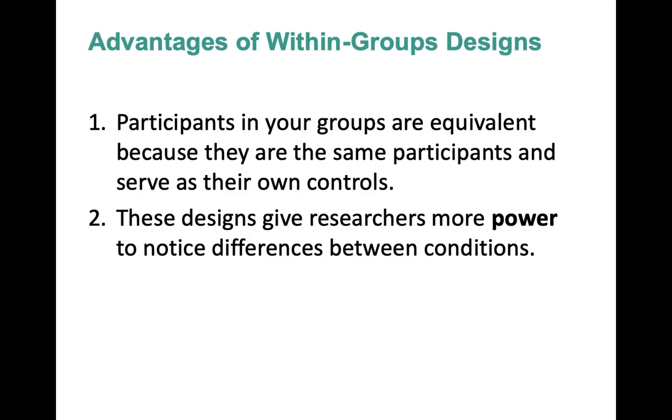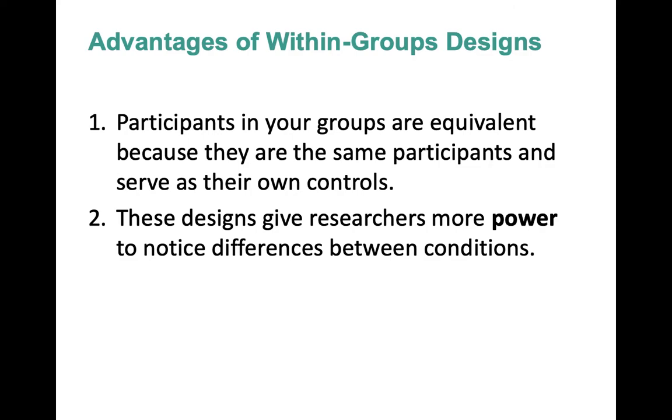So that chocolate study, it's not only their liking of chocolate, it's their appetite, it's how hungry they are, it's what experiences they have had during that day, it's all of those things. And all of that noise is reduced because it's the same person in both conditions. Whereas in a between groups, you've got different people in both conditions, so those people could differ from one another on a variety of factors.